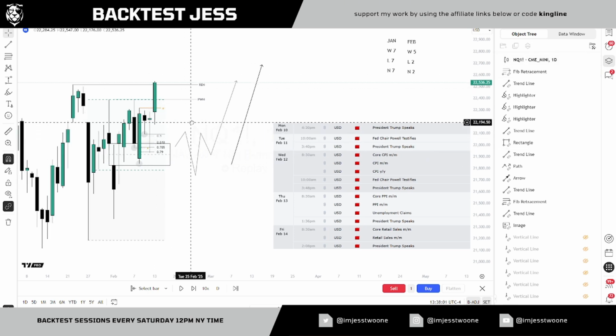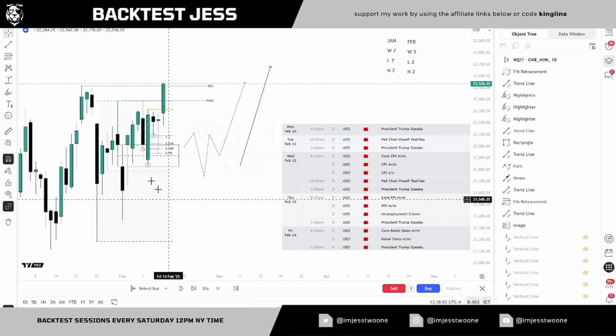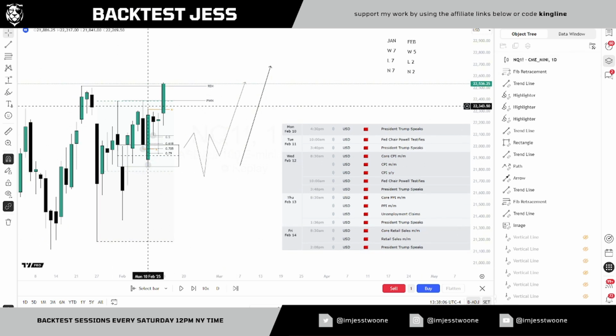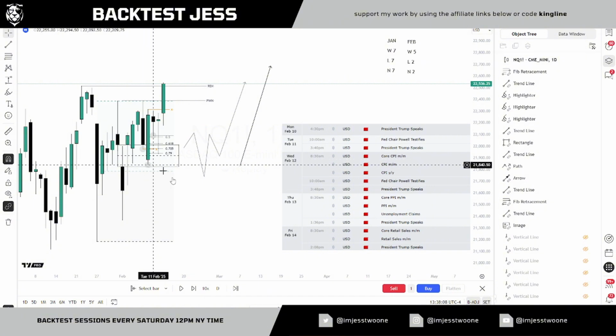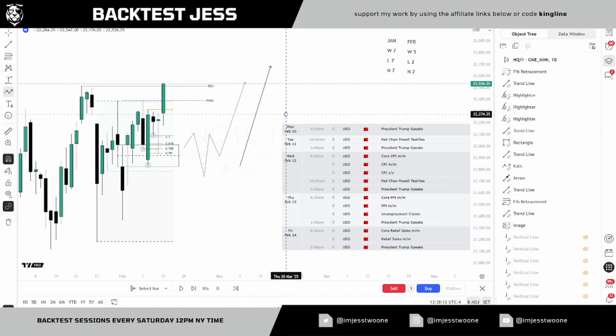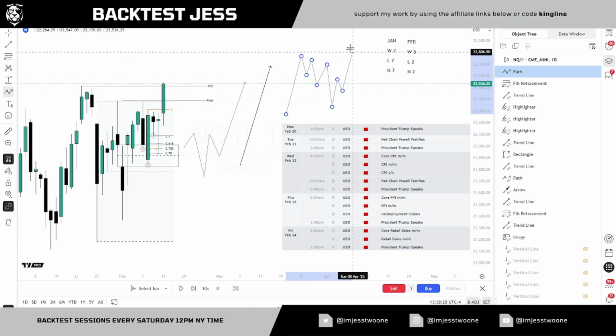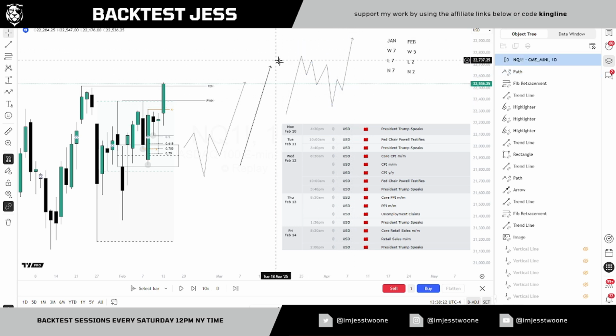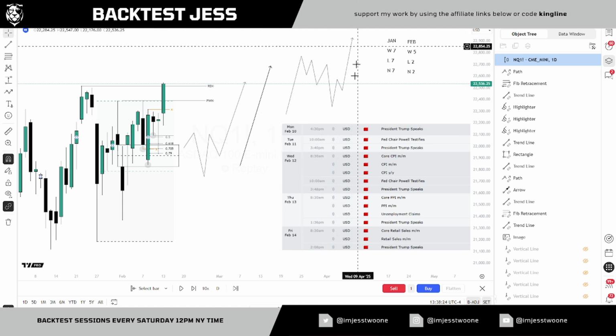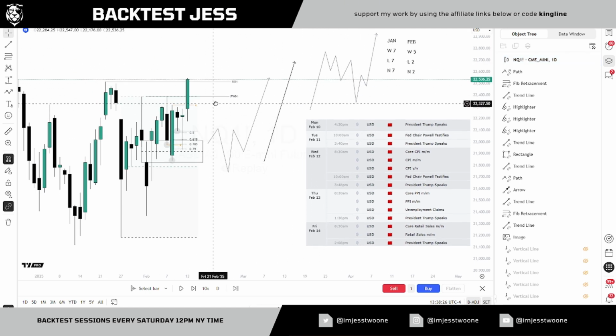Does that make sense to everyone? We expanded higher already, right? So this is basically what it's showing: we've expanded higher to start the week. We had a retracement, we had a deeper retracement, and then the next day we expand higher. So this is a classic continuation pattern, you know, for pattern traders.